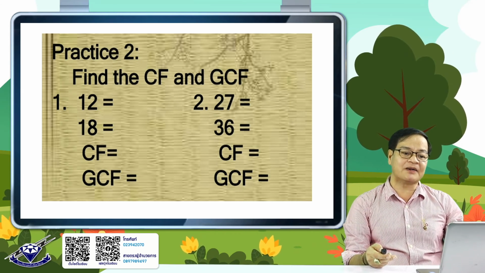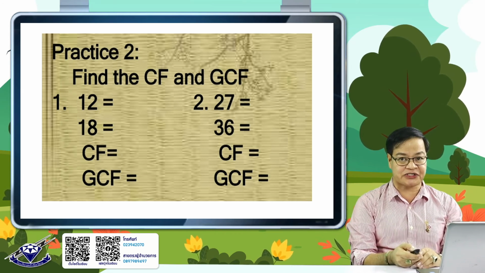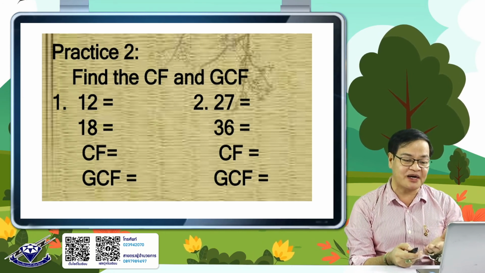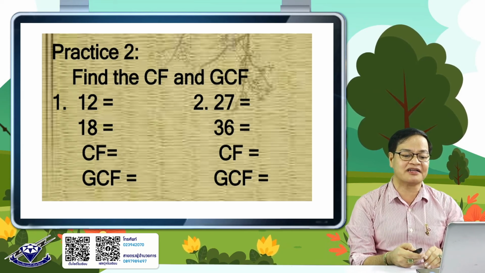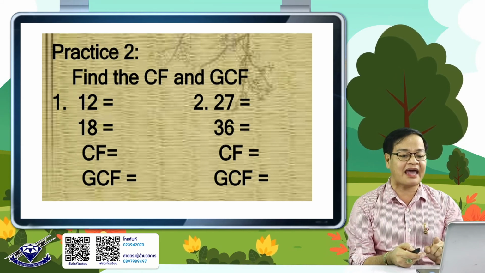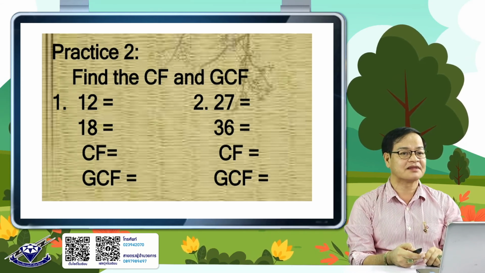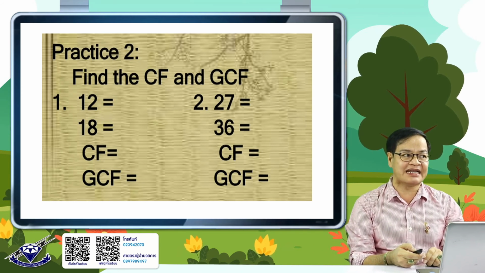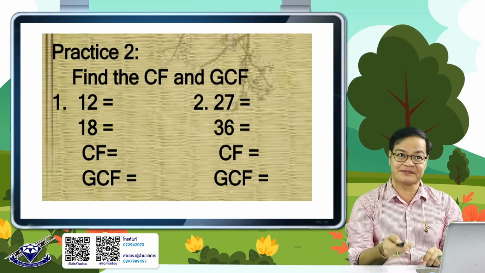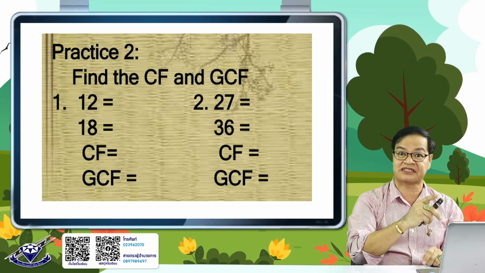What about 18? What are the factors of 18? You need to listen and learn. We have 1 and 18, 2 and 9, 3 and 6.